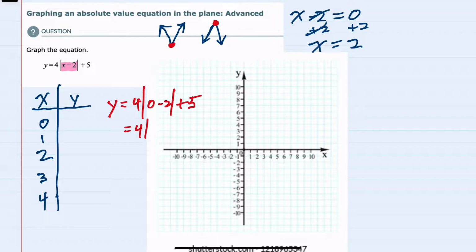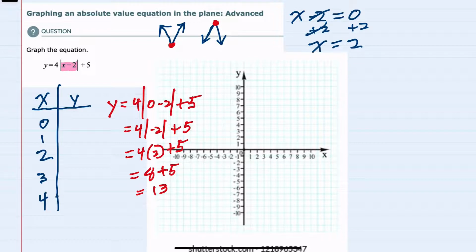So 0 minus 2 is just a minus 2 absolute value. Next, I can evaluate the absolute value of negative 2, which would make that a positive 2. Moving to multiplication, 4 times 2 is 8. Bring down the plus 5, so we have 13. So my first point is 0, 13.